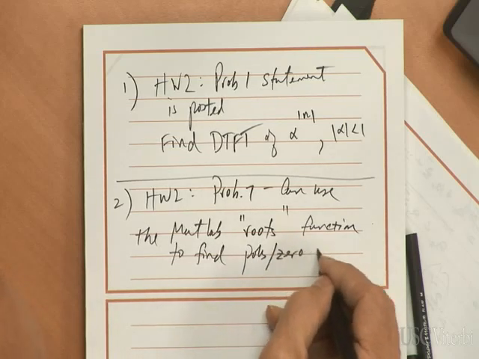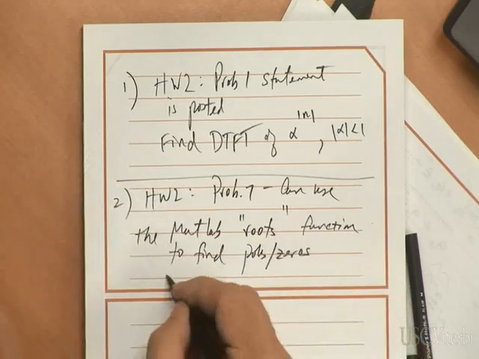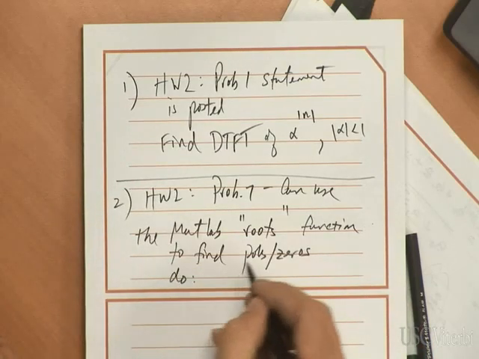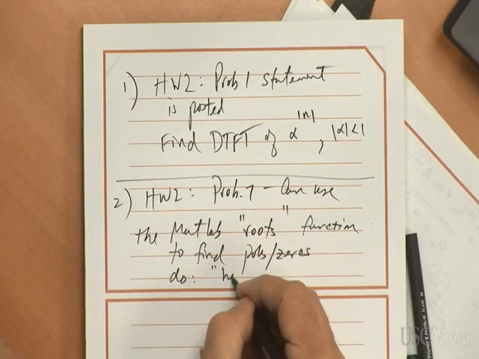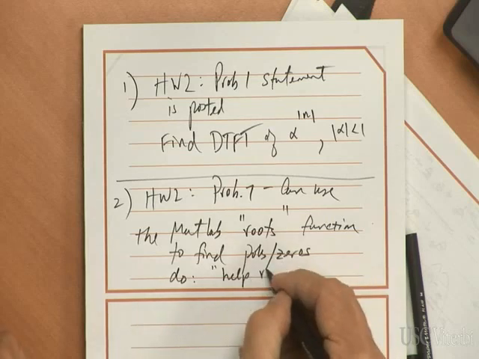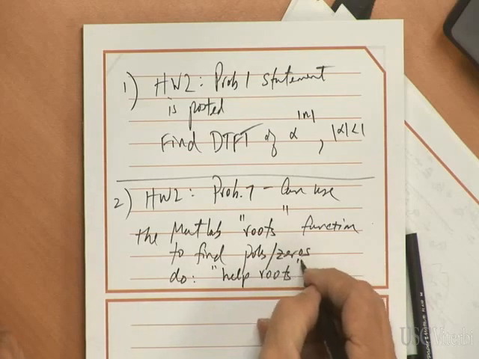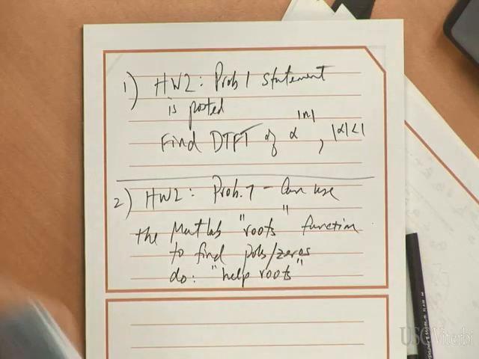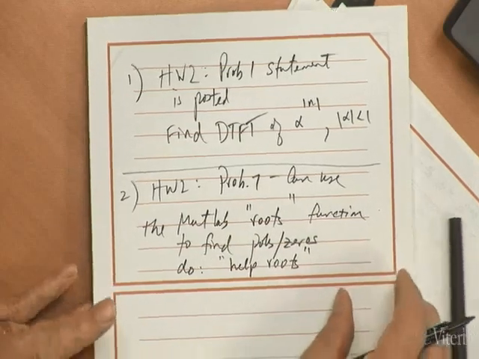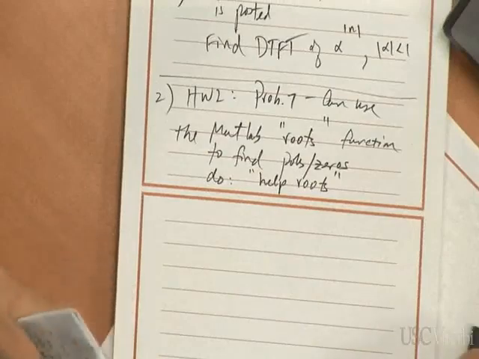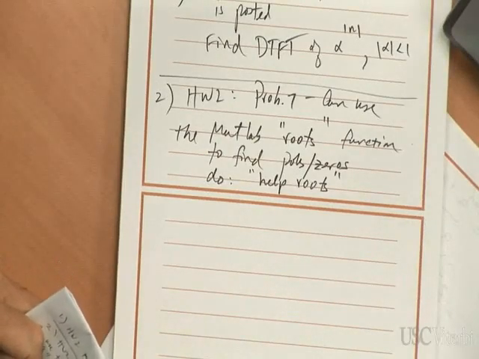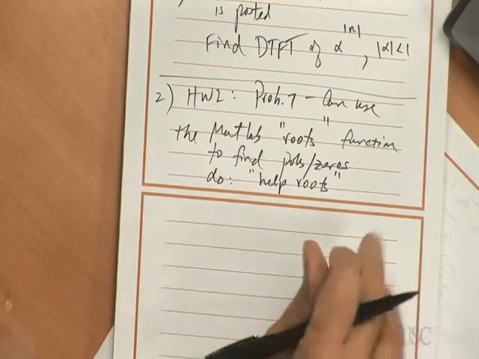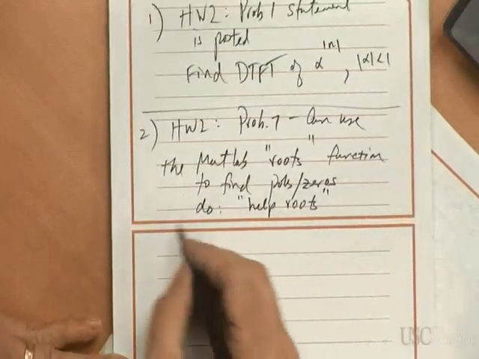If you've never used it, you can always type help roots in MATLAB. It's kind of a neat function. It helps you find roots of any order polynomials, complex or real. So anyway, you certainly can use that.